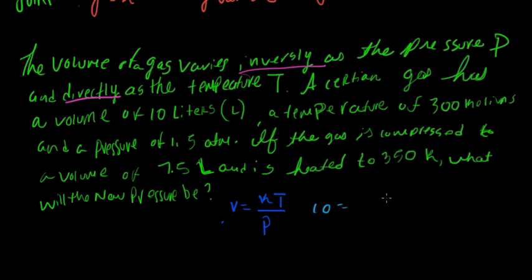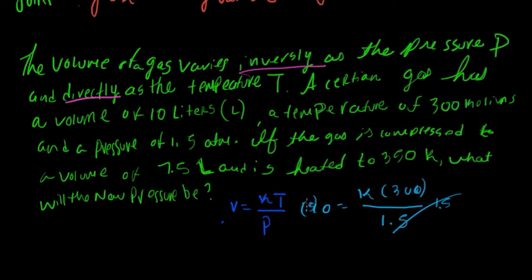So 10 liters is equal to K times a temperature of 300 kelvins divided by a pressure of 1.5 atmospheres. If we divide both sides by 1.5, in order to start the process of solving for K, we get these to cancel.